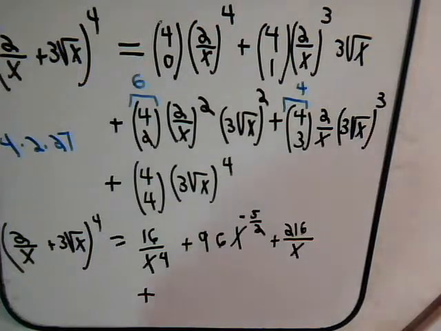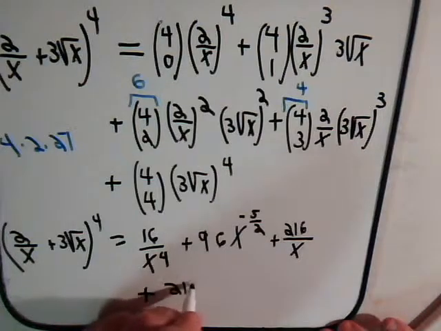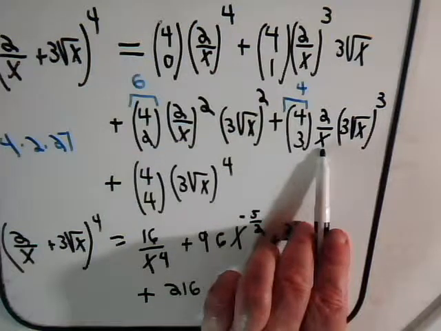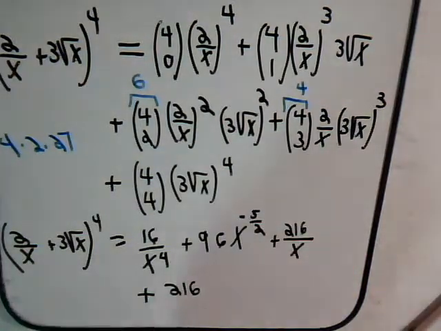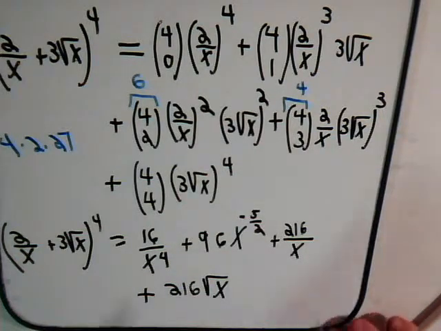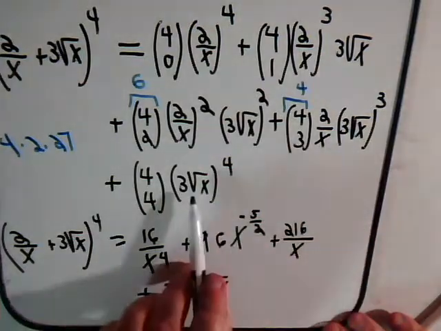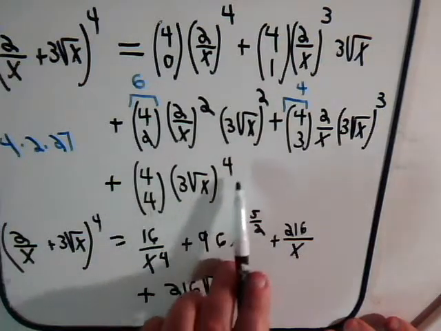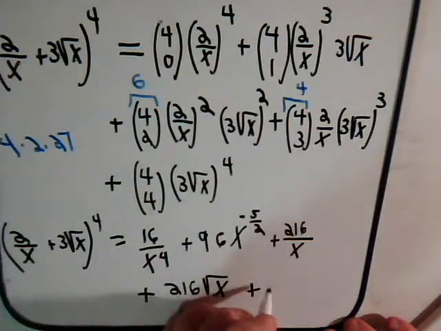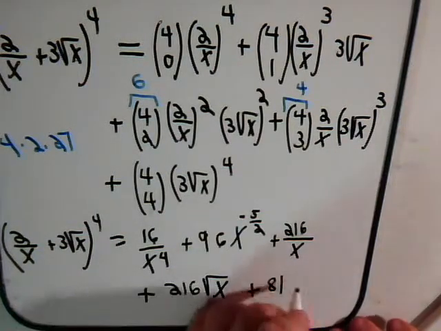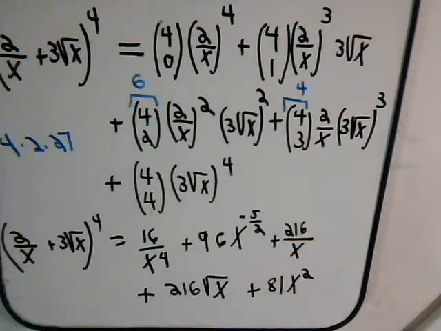Again, that is 216. Then here we have x to the 3/2 divided by x. That's x to the 1/2, or that's the square root of x. So that takes care of that term. Now we have this one. That's just 1. 3 to the 4th power is 3 squared times 3 squared. That's 81. And the square root of x to the 4th power, that's x squared. So there it is.